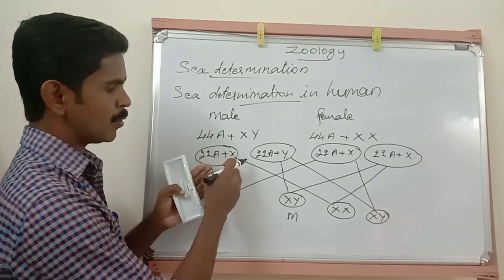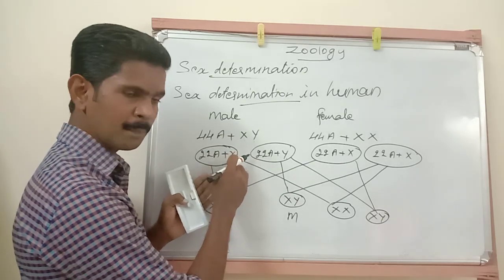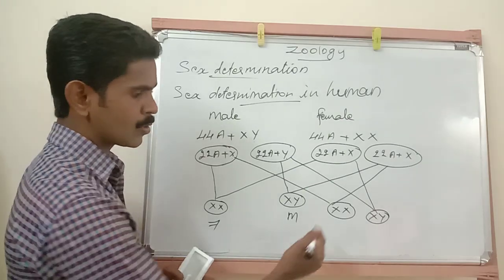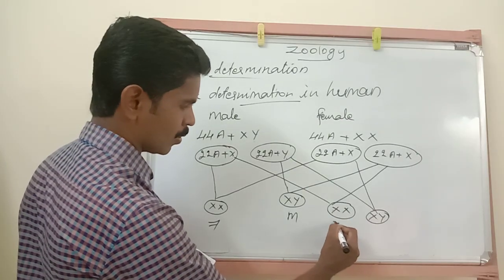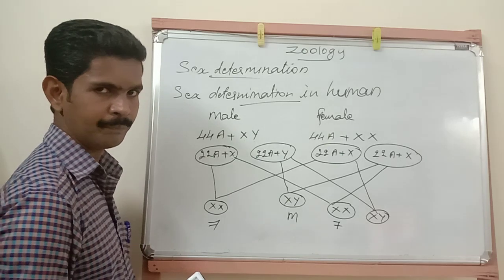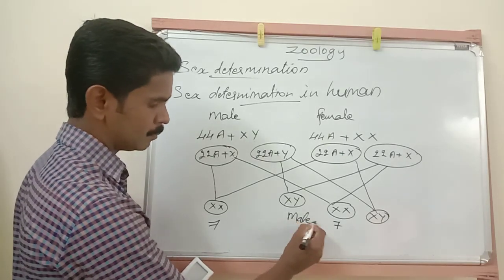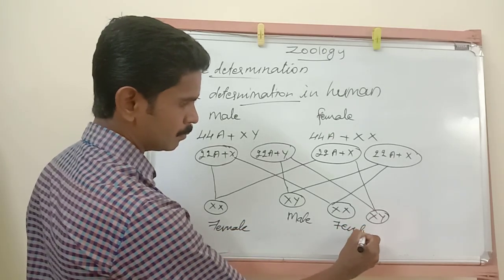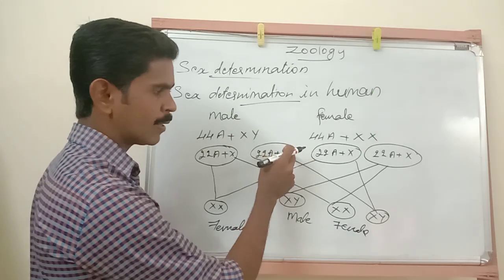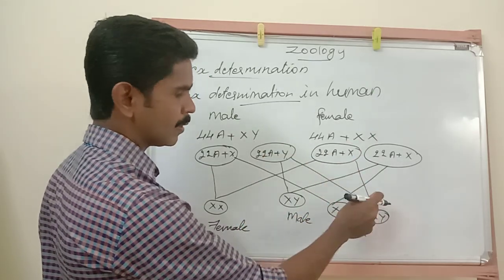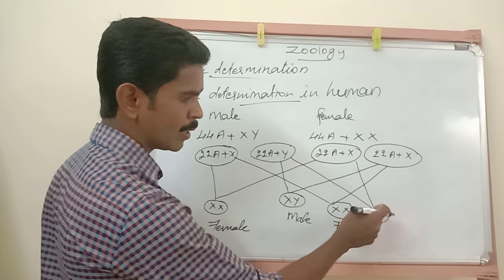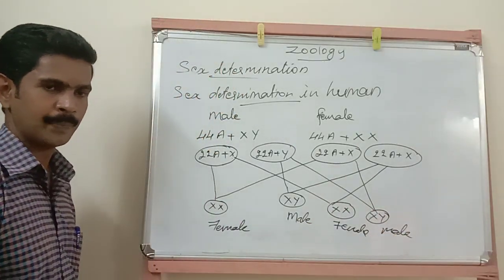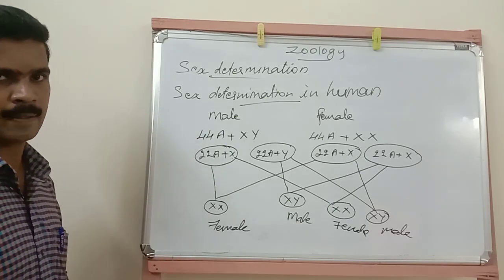The fetus is a male fetus or male baby. Sometimes the X chromosome is coming from the father, and from the mother also an X chromosome is coming, so this baby is also female. Then suppose from the father a Y chromosome is coming, and from the mother an X chromosome is coming. So this baby is a male baby. Thus our sex is determined.